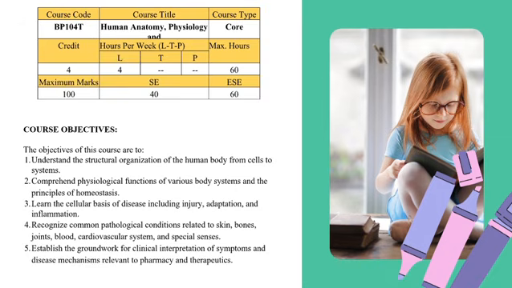Talking about the course code, which is going to be BP104T, Human Anatomy, Physiology and Pathophysiology.